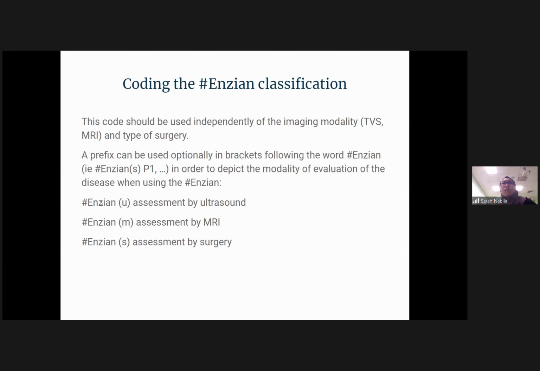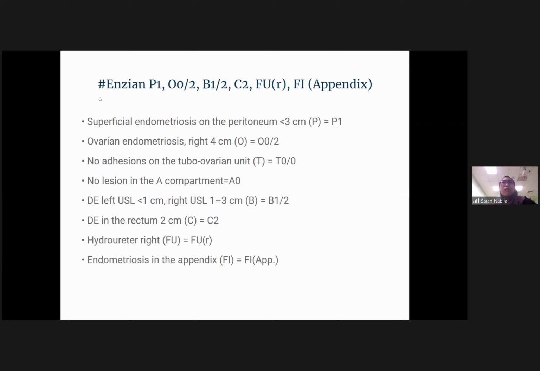So ENZIAN U is assessment by ultrasound, M by MRI, and S assessment by surgery. Okay, this is for the beginning part. And then the total encoding should be this way. So ENZIAN P1 O0/2 B1/2 C2 FU(R) and FI appendix.